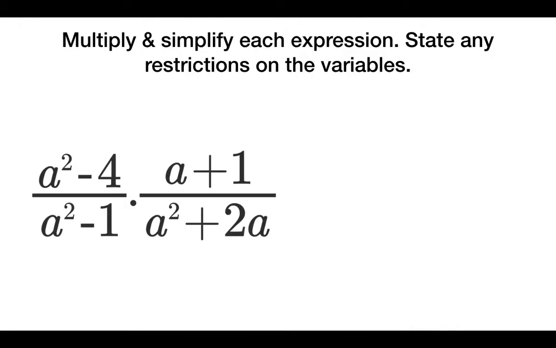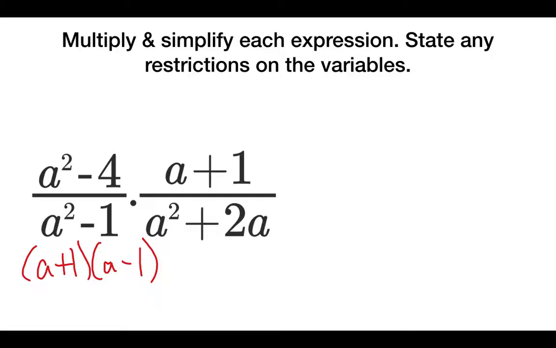All right, now let's talk about this one. So first thing we're going to do is we're going to factor out everything we can. I'm going to start on the bottom so I can get our restrictions. A squared minus 1 is the difference of squares of... I was about to write x again. Come on, Mr. Peacock. A plus 1 times a minus 1.